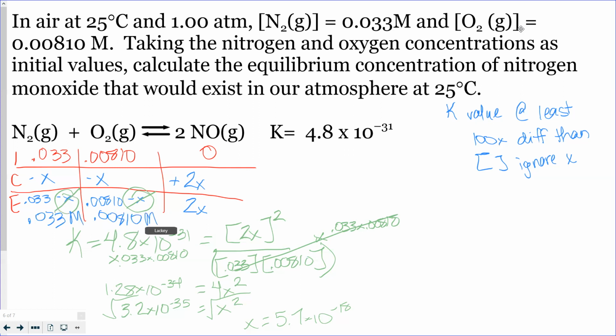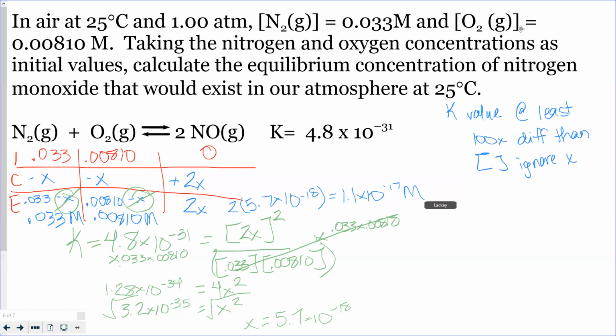But this specifically wants us to know the equilibrium concentration of nitrogen monoxide. Well, nitrogen monoxide is 2x. So if we do 2 times the 5.7 times 10 to the negative 18th, we get that that is 1.1 times 10 to the negative 17th molar.